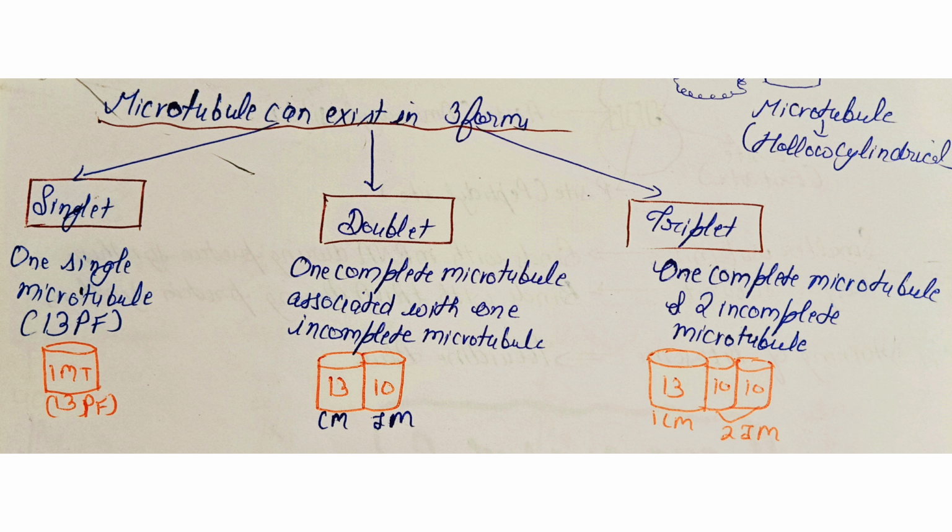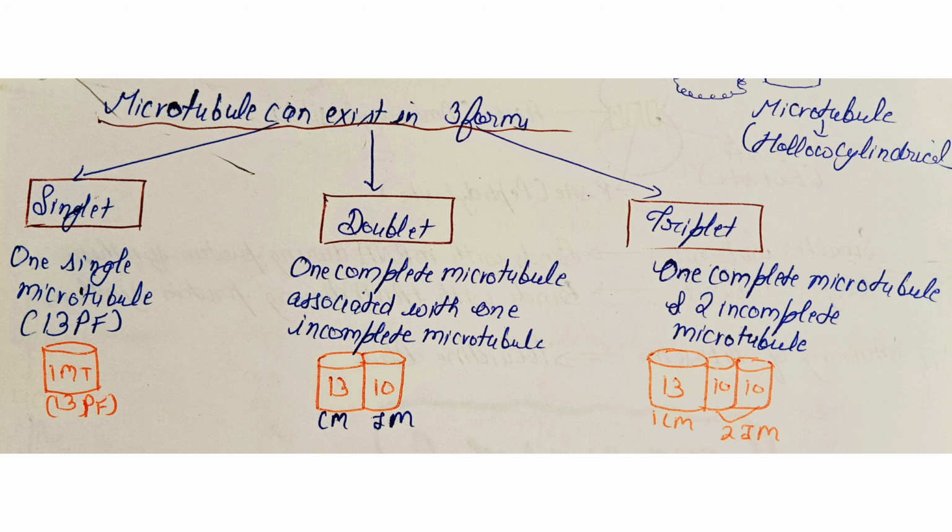So the singlet has only 13 protofilaments in it. Second is the doublet microtubule, in which there is one complete microtubule, that is 13 protofilaments, associated with an incomplete microtubule which is composed of 10 protofilaments. So the doublet microtubule consists of a complete and an incomplete microtubule, that is a 13 protofilament ring plus a 10 protofilament ring.